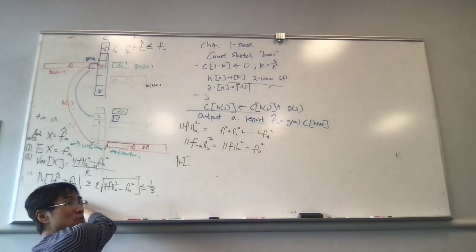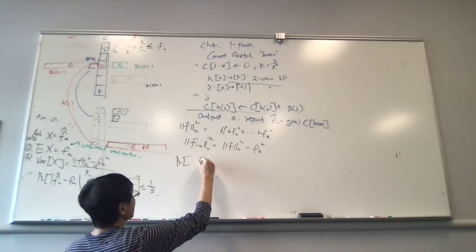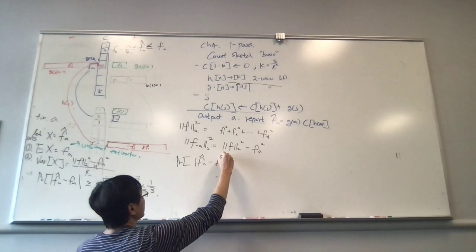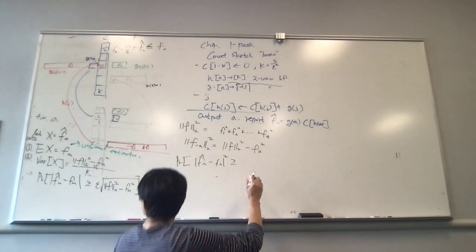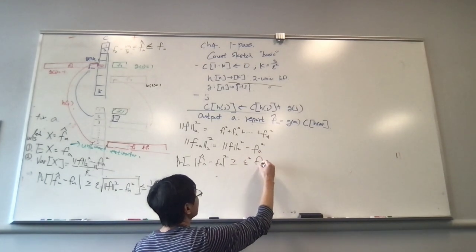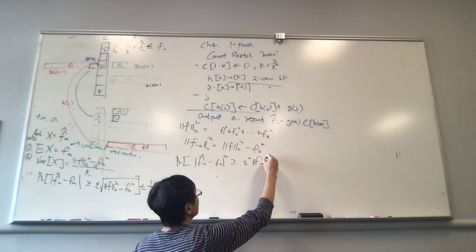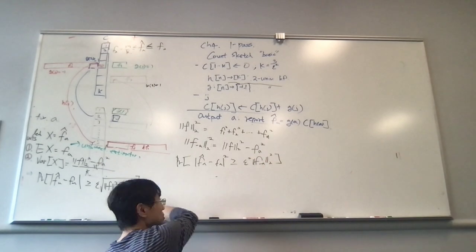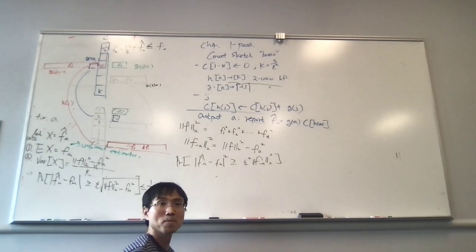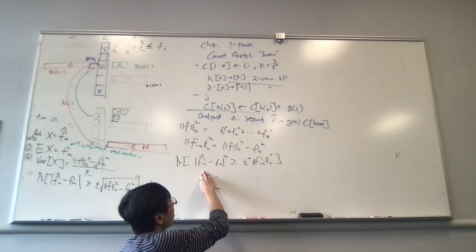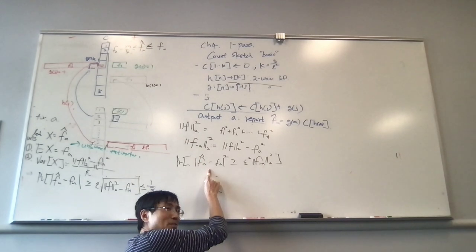Let's take a square on both sides. The same as with this. We took the square, so this is obviously non-negative.